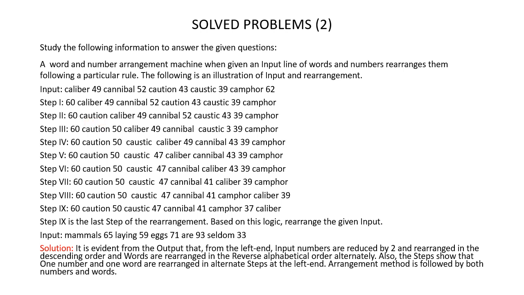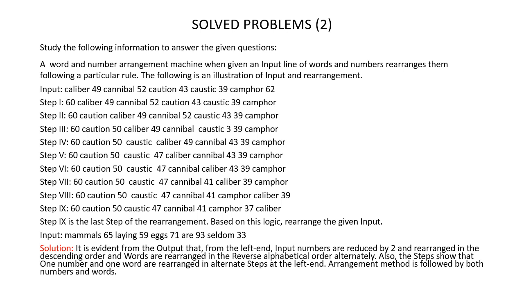In the third step, a number is rearranged. In the fourth step, a word is rearranged. So clearly this shows that in the steps, one number and one word are rearranged in alternate steps at the left end. Also, the steps show that arrangement method is followed by both the numbers and the words.